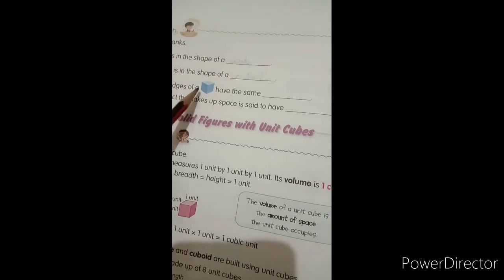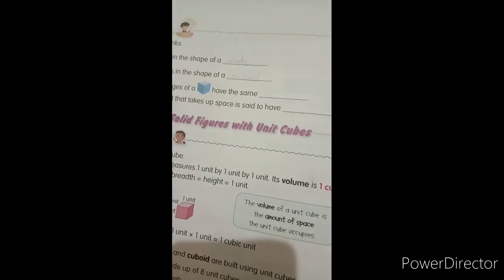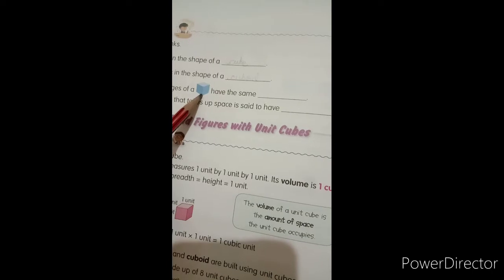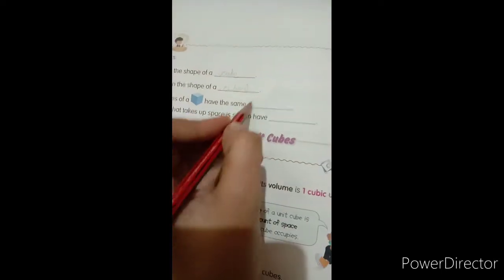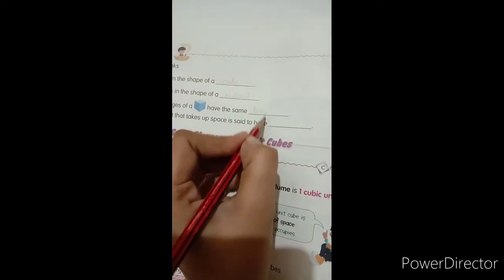The next is all the edges of a cube have the same blank. So here is a cube and it is asked what is the same in all the edges of a cube. So all the edges have the same length.